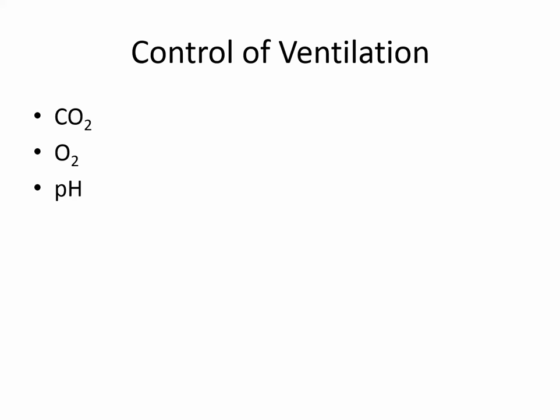There's even a volitional element to breathing when we speak. Think about how effective would you be at communicating if every 5 seconds you had to stop to take a breath, even if you were in the middle of a sentence or a word. The rest of this presentation is going to focus on the automatic control of ventilation and how carbon dioxide, oxygen, and pH influence ventilation.